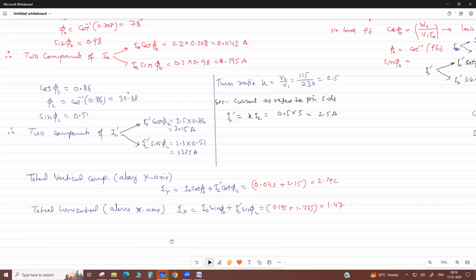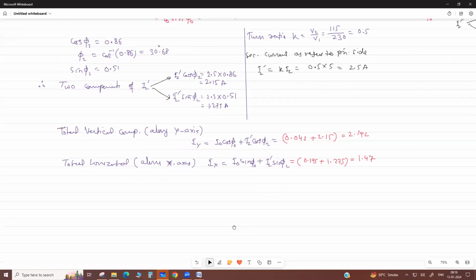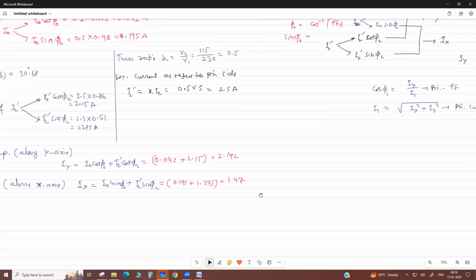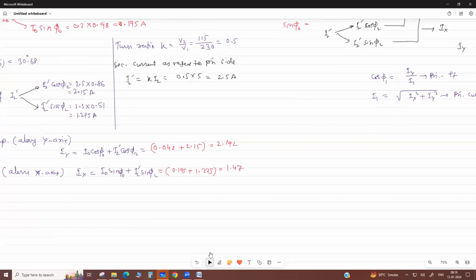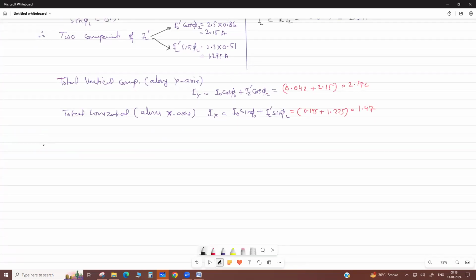Therefore, with this diagram we can now calculate I1, the primary load current. I1 equals the square root of Ix square plus Iy square, that is 1.47 whole square plus 2.192 whole square.